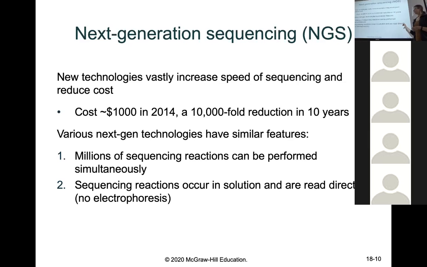And then you can directly read the sequence of bases rather than, if you remember the gel electrophoresis technique I mentioned, which separates out DNA based on fragments. So you're not actually looking at the A's, the G's, the T's, and the C's. You're looking at the size of the fragments. You're looking at something different, and you can get a lot more information if you know the actual bases.